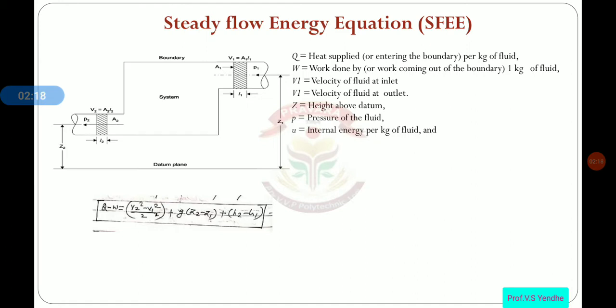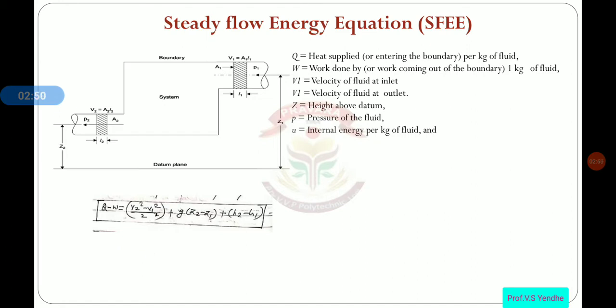Similarly for the outlet: the velocity of the fluid is V2, the area at the outlet is A2, the pressure is P2, and the outlet is at a height of Z2.